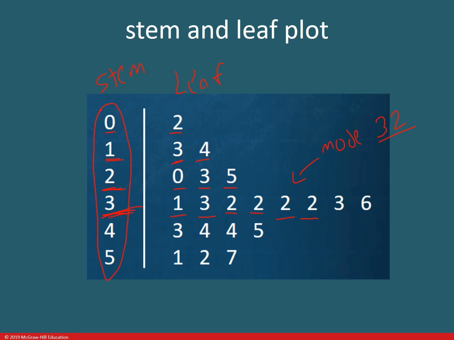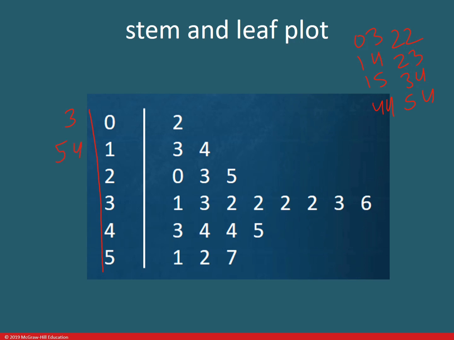If you want to compare using a stem and leaf plot, even though I may not have shown this in this example, say there's another form of data. Say we have 0, 3, 1, 4, 1, 5, 2, 2, 2, 3, 3, 4, 5, 4, 4, 4. To put that on the same stem and leaf plot, you would put another line here, and you would put them in order.